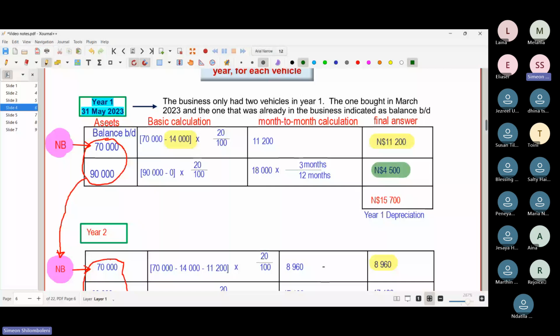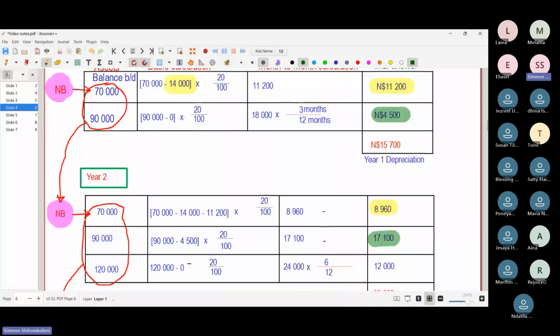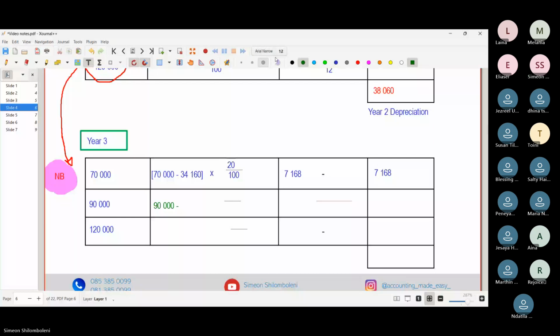So depreciation for all the years, we add all those two amounts together, and then we get how much? 21,600. You do the basic calculations. Multiplied by 20 over 100. How much do we get? 13,680.